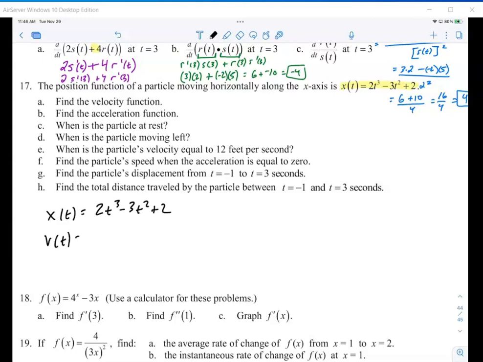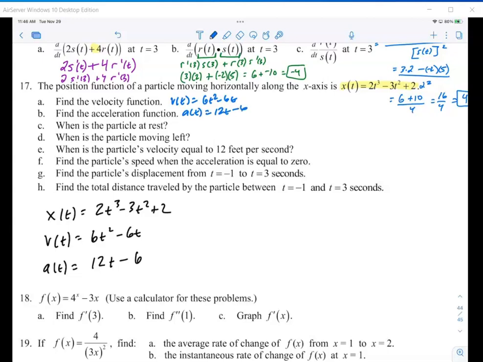Here's my velocity equation. Here's my acceleration equation. Those all just took derivatives. So to answer these questions, find the velocity equation. The velocity equation is 6t squared minus 6t. Find the acceleration. Acceleration is 12t minus 6.